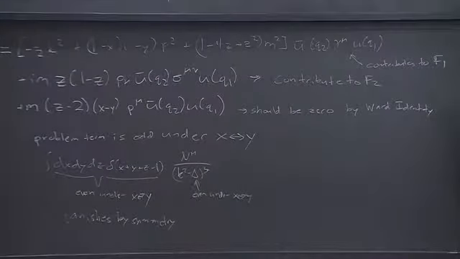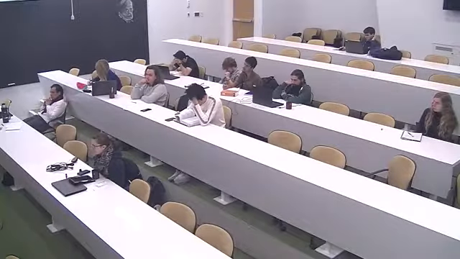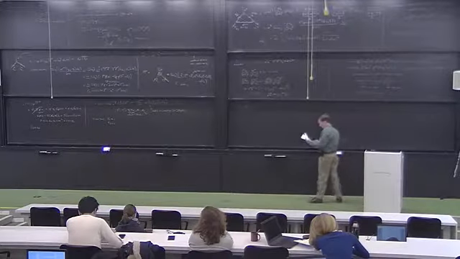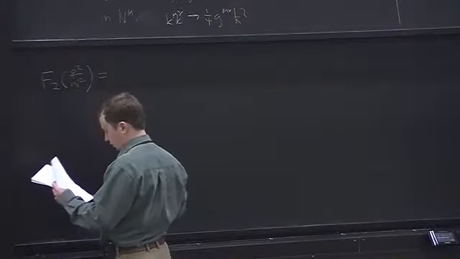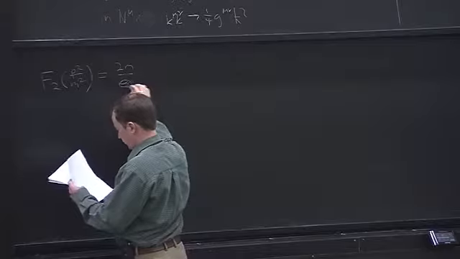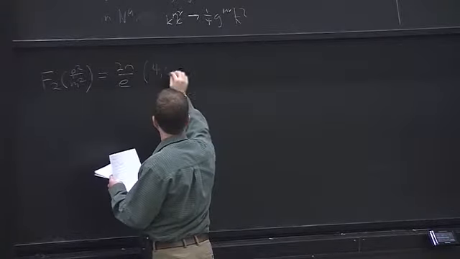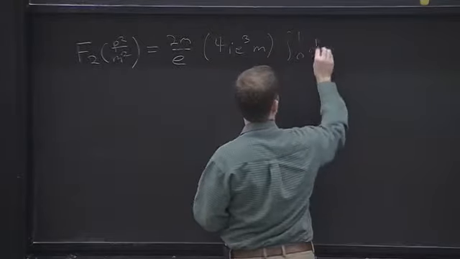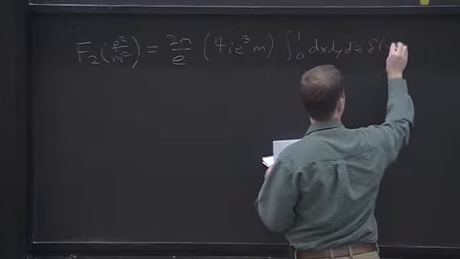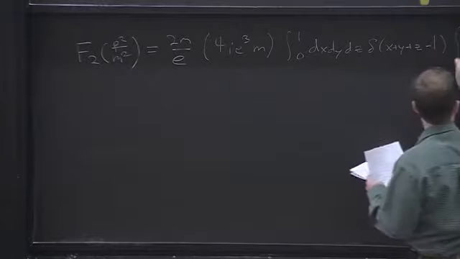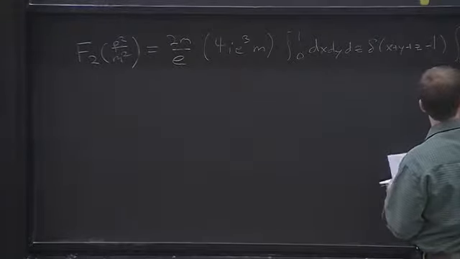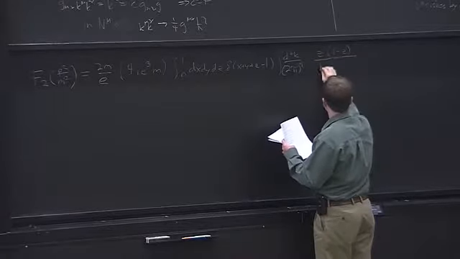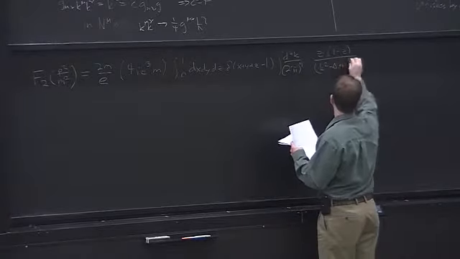And if we just look at the coefficient we're interested in, which is F2 of p squared over m squared, we see that this is 2m over e of 4i e cubed m, integral over Feynman parameters, integral over our loop momentum, z(1 minus z) over k squared minus delta plus i epsilon, cubed.